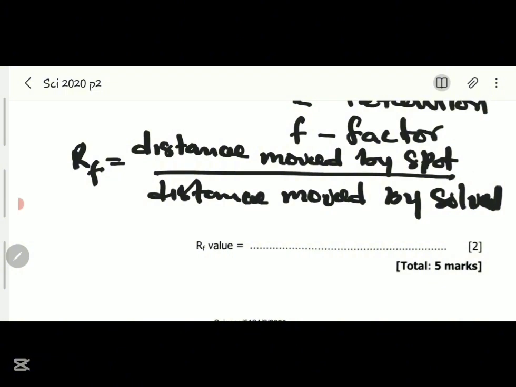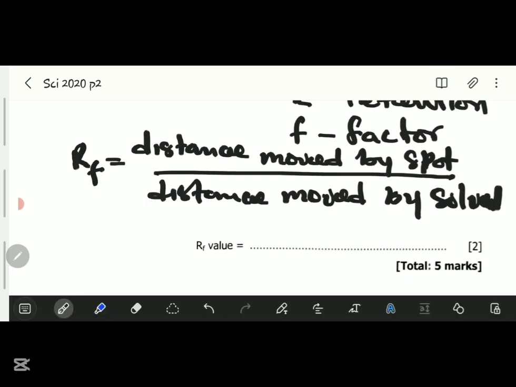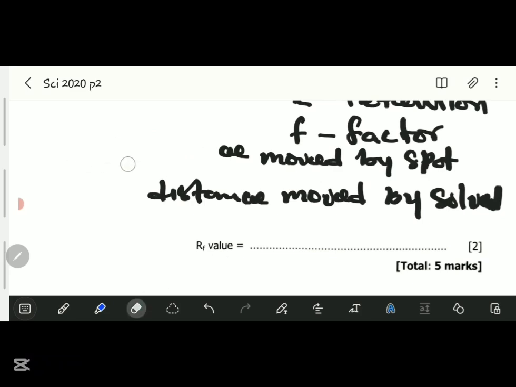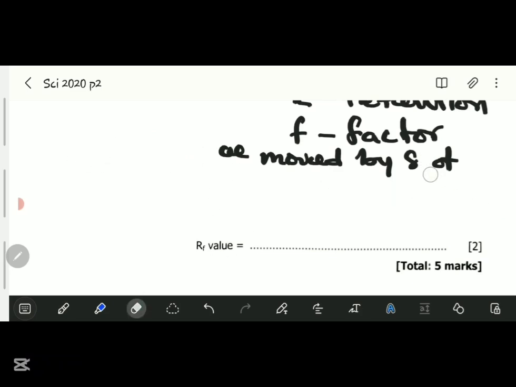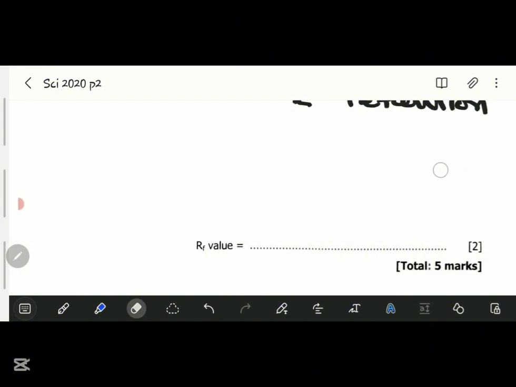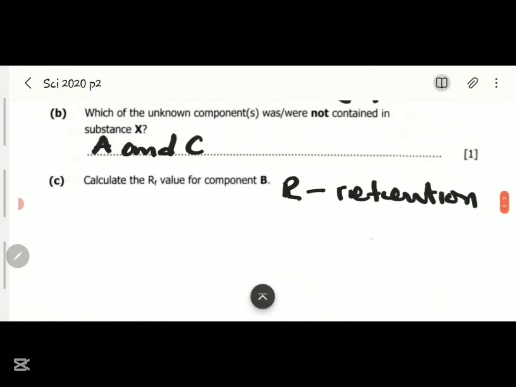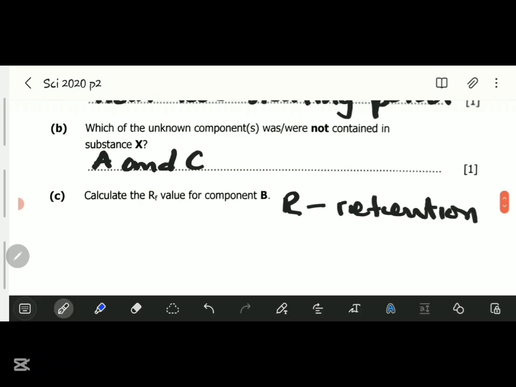So the solvent always moves a longer distance compared to the spot. So the denominator is usually bigger than the numerator. All right, so let's get to work and calculate the RF value, which is the retention value.